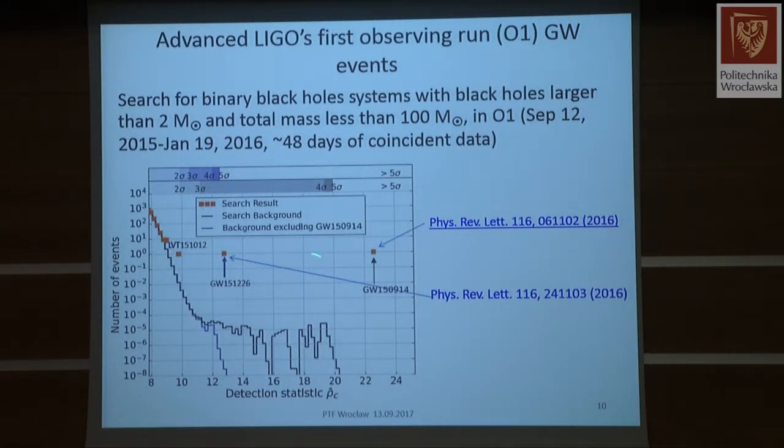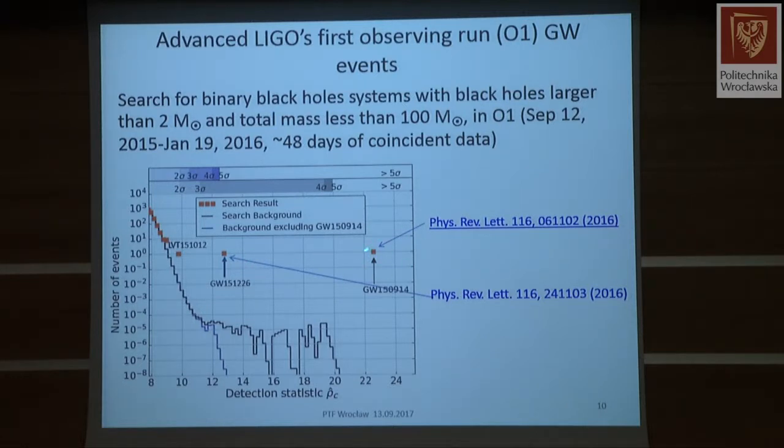These signals have values of the detection statistic, essentially the signal-to-noise ratio, above the background noise. When there is no signal and the noise is Gaussian, this statistic has a very simple exponential distribution, but it is not assumed. One estimates this background from the data, and then from it one assesses the significance.